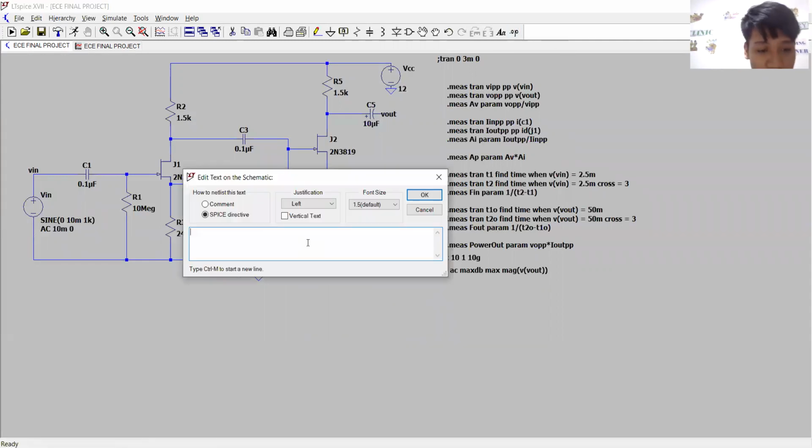And those commands are .measure ACFH, find frequency when V out is equal to 0.373971.